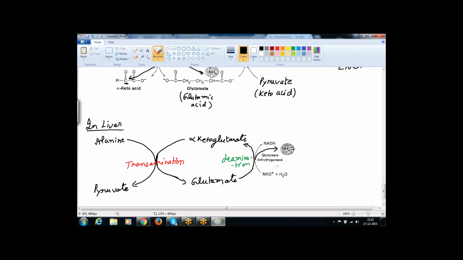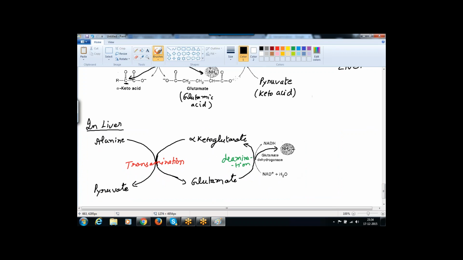In liver, it is possible. Why? Because this amino group, NH4, is just the dissolved form of ammonia. NH3, when it dissolves in water, will be present as NH4 positive. So this is ammonia.